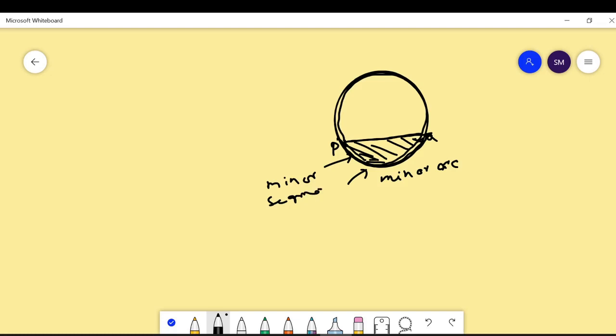Please students, look at here. This is the minor segment, and this is the minor arc. The area in between the chord and the minor arc is called the minor segment, and this is the area in between the chord and the major arc. This is called the major segment.